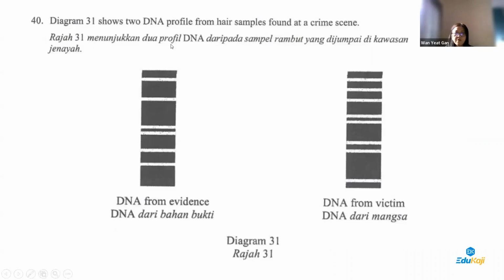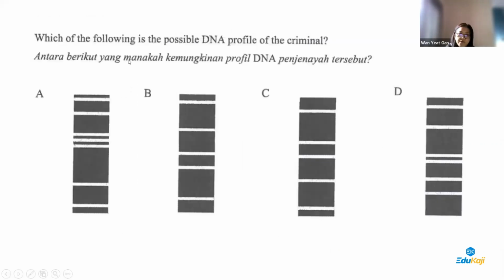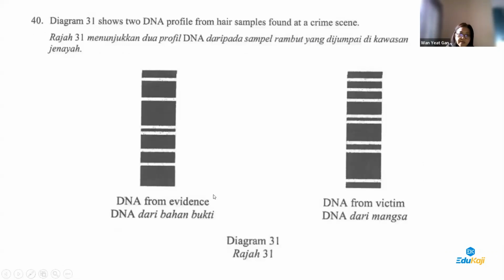Finally, question number 40 shows two DNA profiles from hair sample found at a crime scene. So this is the DNA from evidence. This is the victim DNA. So which of the following is the possible DNA profile of the criminal? So for the criminal, you must take the DNA from the evidence. So you must look at the band, okay, the arrangement of the band.